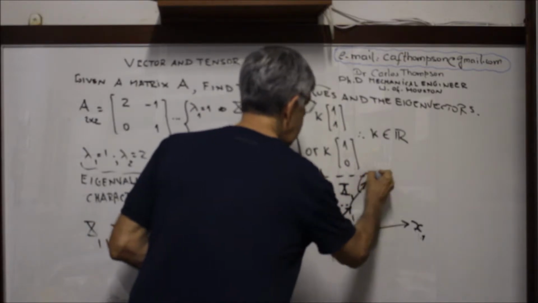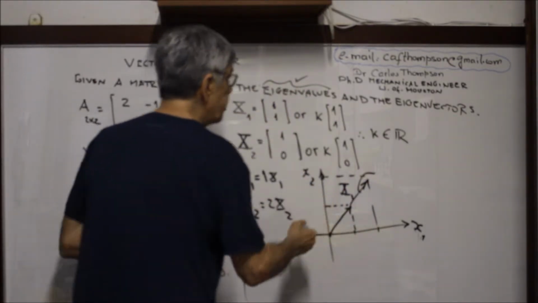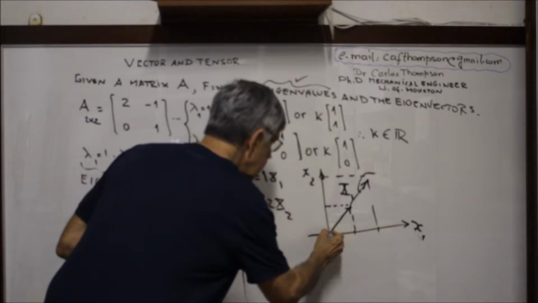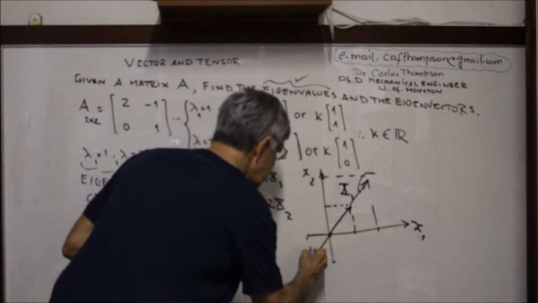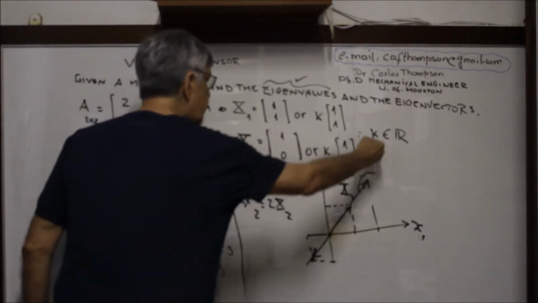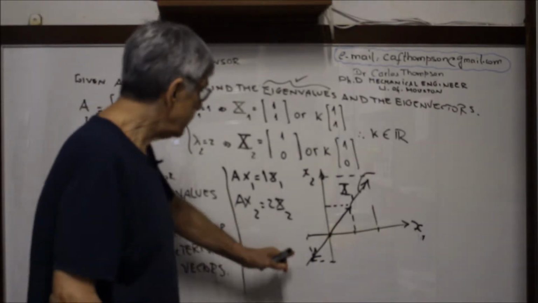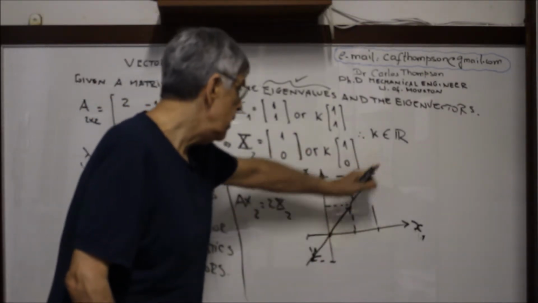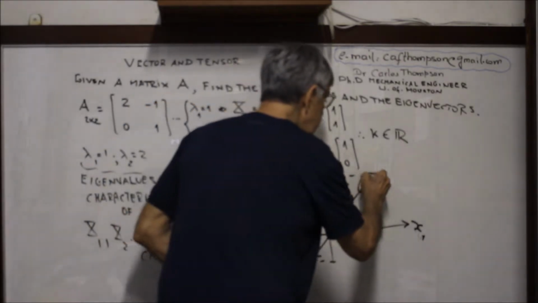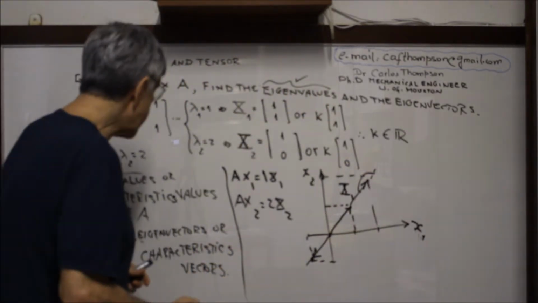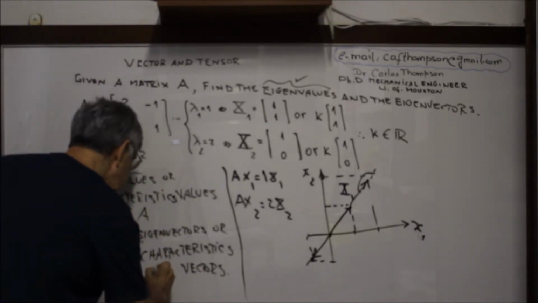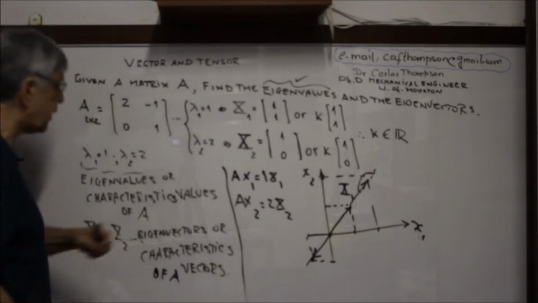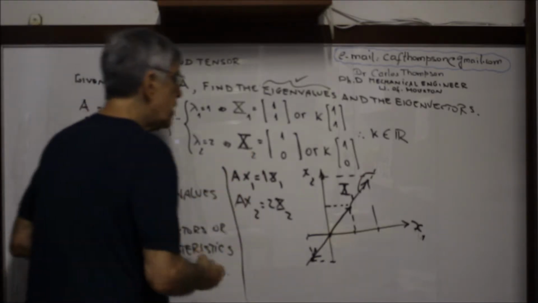This is an eigenvector too. Now put k equal to minus 1, and this will be this vector over here. So all of the vectors that lie on this straight line are the eigenvectors, or characteristic vectors, of matrix A. Don't forget that. And these are the eigenvalues.